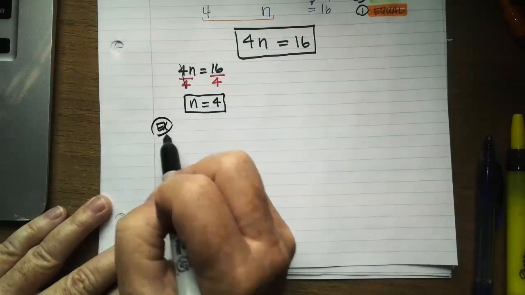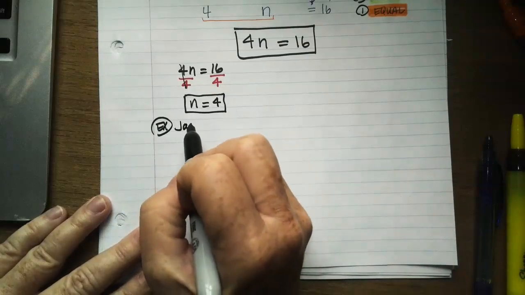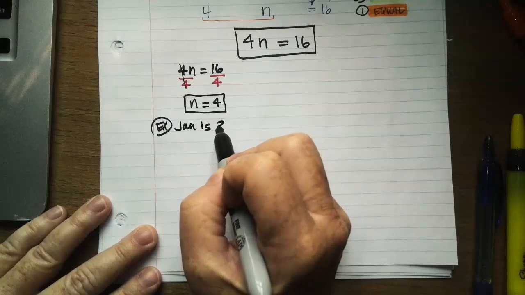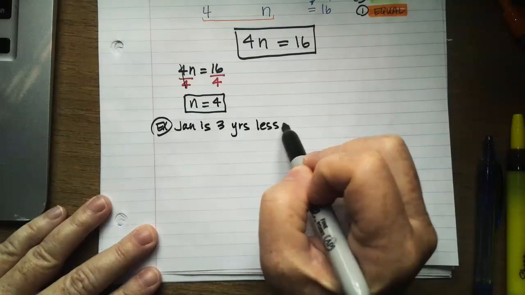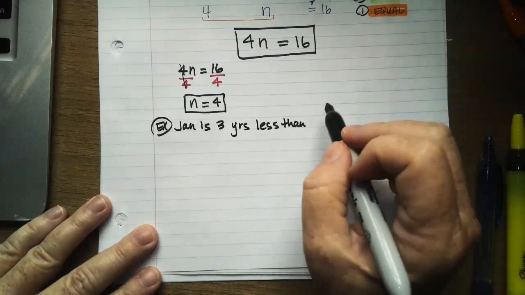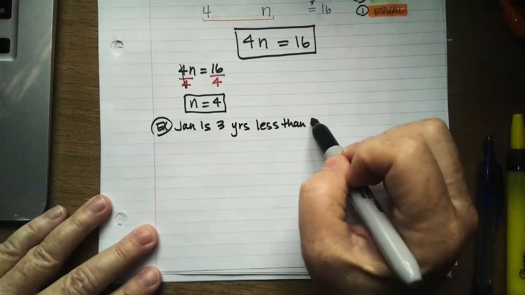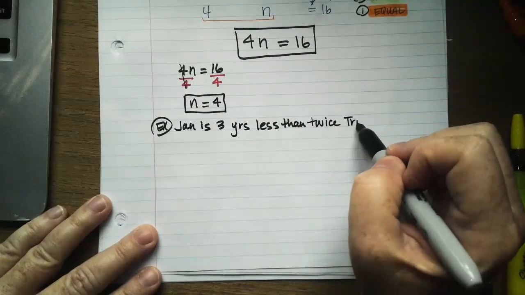So this is a word problem. It tells me that Jan is 3 years less than twice her brother, whose name is Trit.